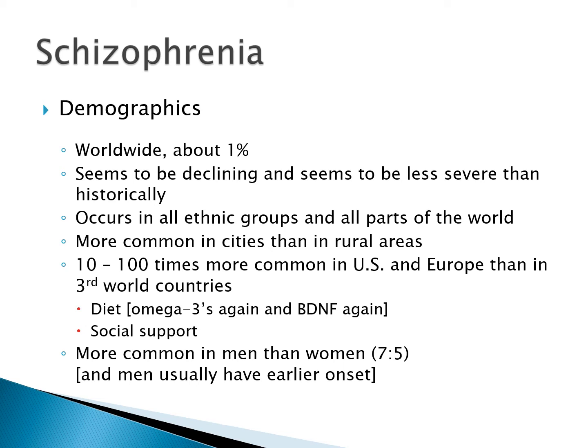Schizophrenia is more common in men than in women by a ratio of 7 to 5, and men usually have an earlier onset. So this is usually something that we see that comes along during adolescence, and especially for men, for boys, they're having this earlier in their adolescence and maybe in their early 20s. For women, it's more likely to occur in their late 20s. So whatever's happening that men are having this earlier onset, we also see people who have an earlier onset have more severe schizophrenia.